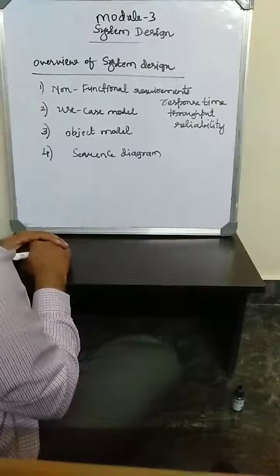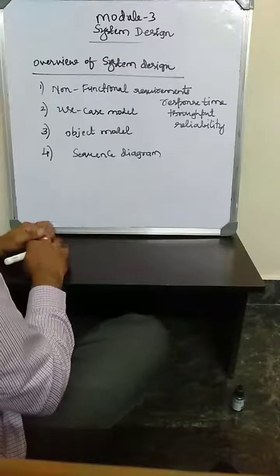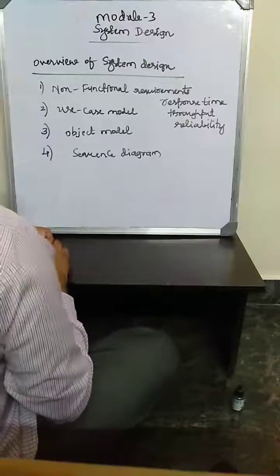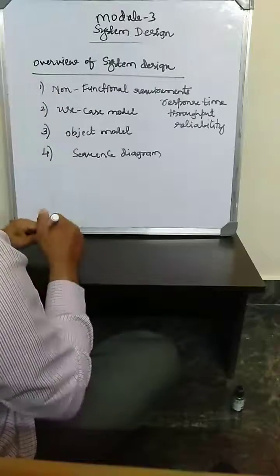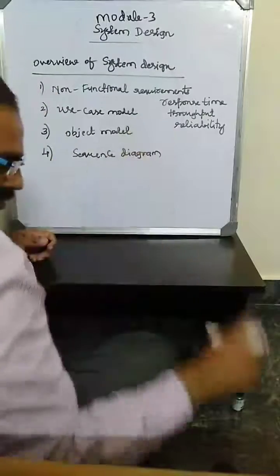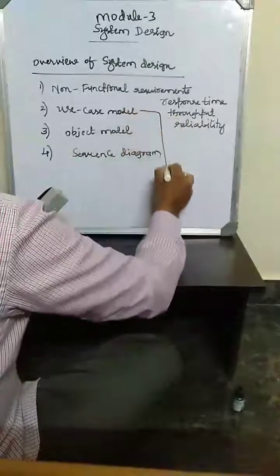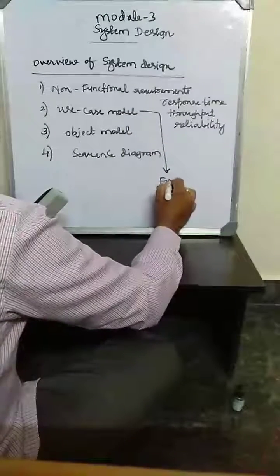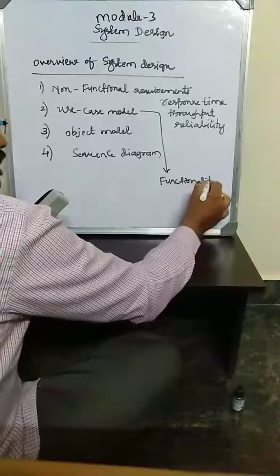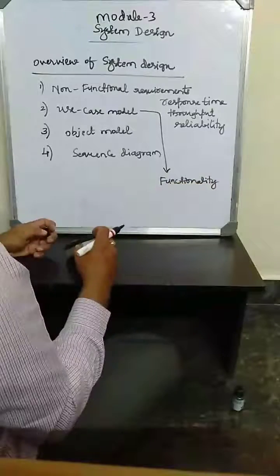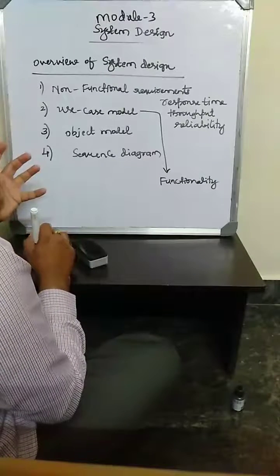Next, the second one is the use case model. The use case model describes the functionality of the system. It describes how exactly the different components are working.